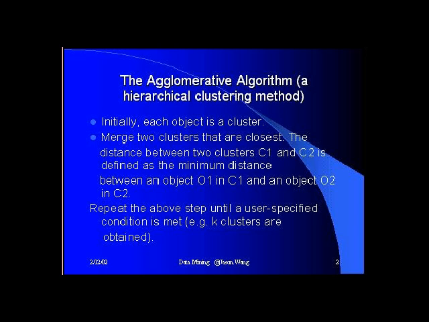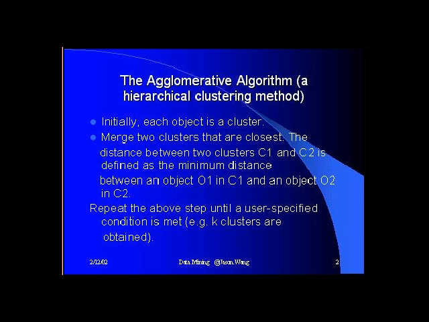If they are not satisfactory, then I try K equal to 3, and recluster again, and so on, until I obtain very satisfactory clusters. But there are many other heuristics that can help to improve this agglomerative algorithm. Any question about how this algorithm works?